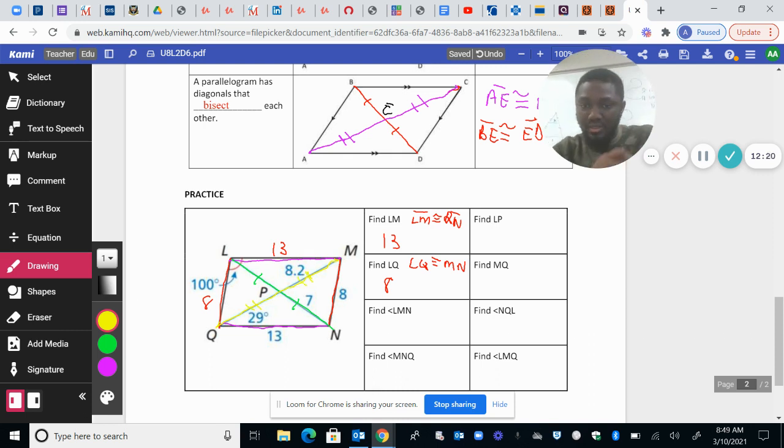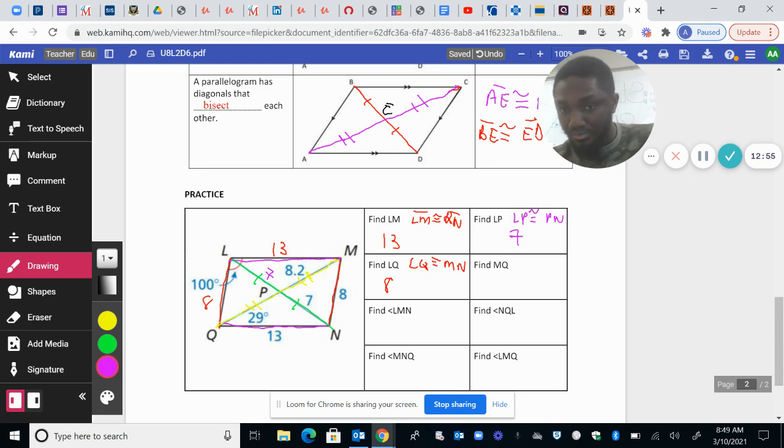So then we're going to see LP and PN, where they intersect, are congruent because LN is a diagonal. So we're going to write LP congruent to PN. Since PN is 7, LP has to be 7. So here 7.